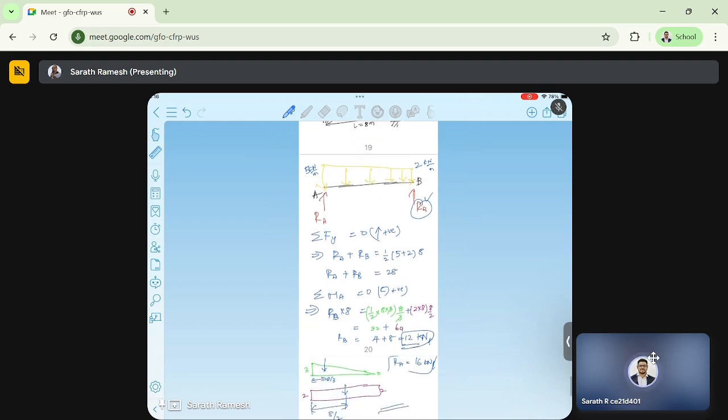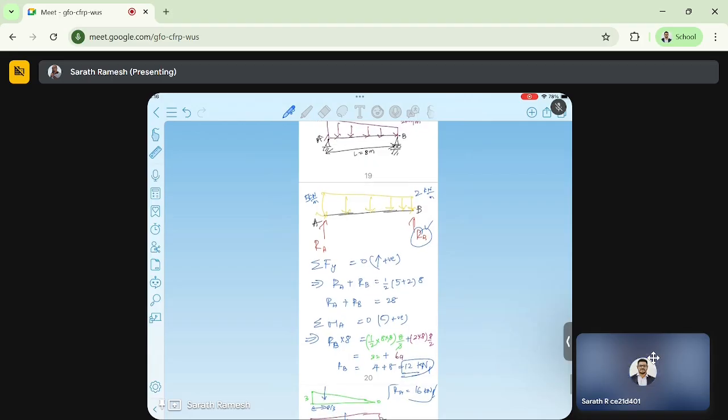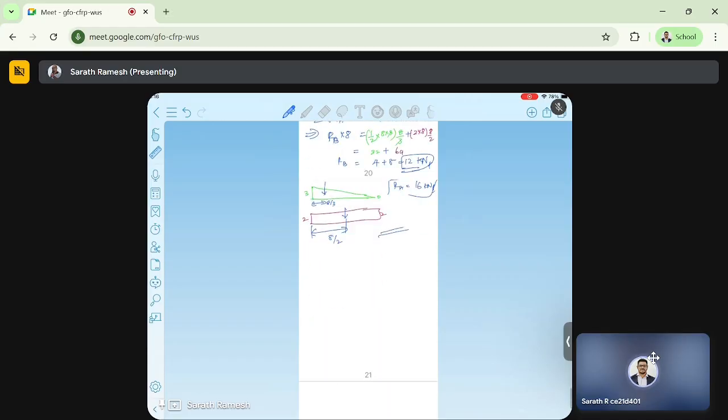So this is a direct way of deriving. Right. Now, let's move on to the next question, that is the shear force and bending moment diagrams. Already we have the expression for both shear force and bending moment.